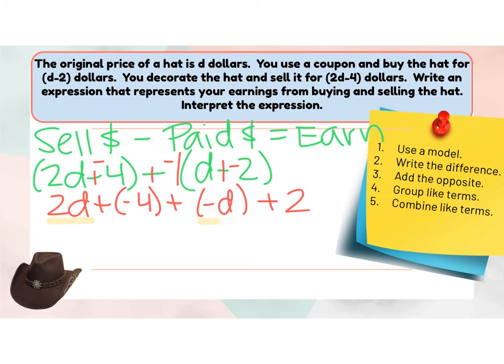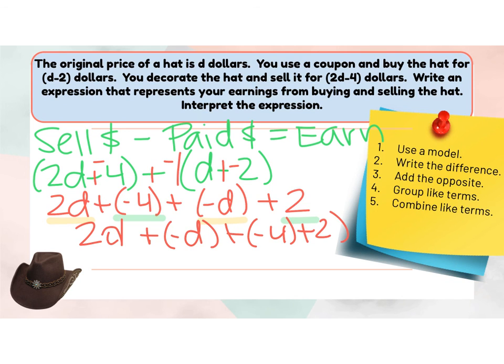Find like terms, 2D and negative D, and negative 4 and 2. 2D plus negative D plus negative 4 plus 2, and then combine like terms.